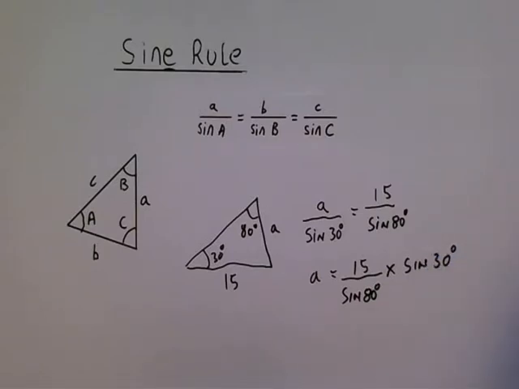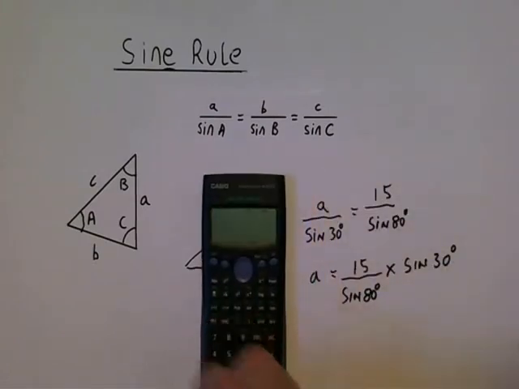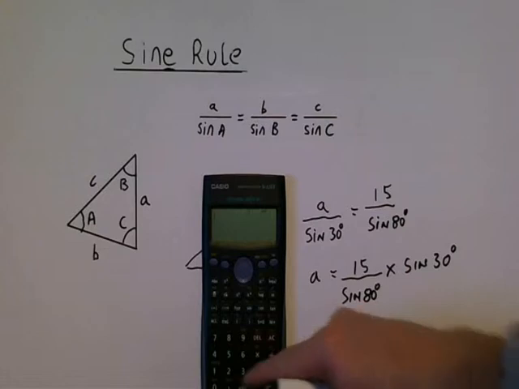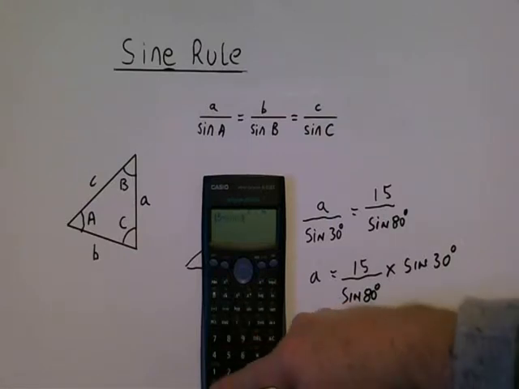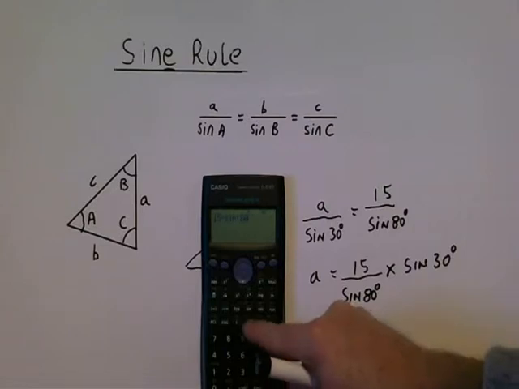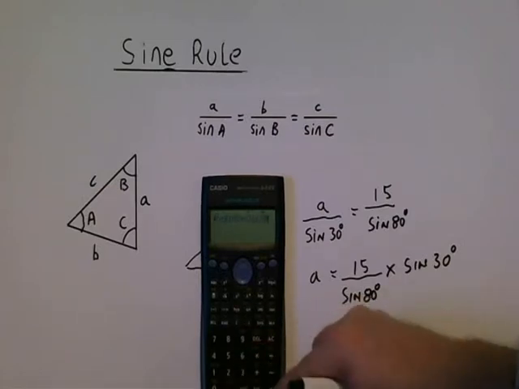And now we need the calculator to work it out. 15 divided by the sine of 80, and we're going to need to close a bracket there, times by the sine of 30 equals.